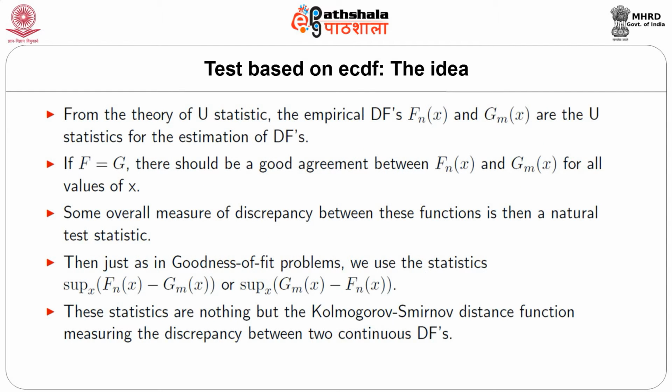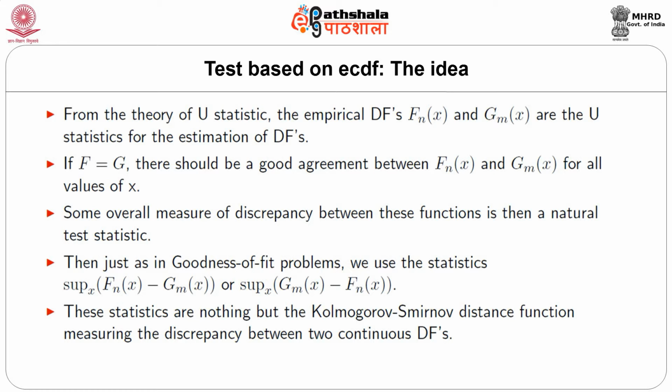So we now derive, or give some idea about, the test based on the empirical distribution function. From the theory of U statistics, the empirical distribution functions Fn(x) and Gm(x) are the U statistics for the estimation of D(x). If F equals G, there should be a good agreement between Fn(x) and Gm(x) for all values of x.